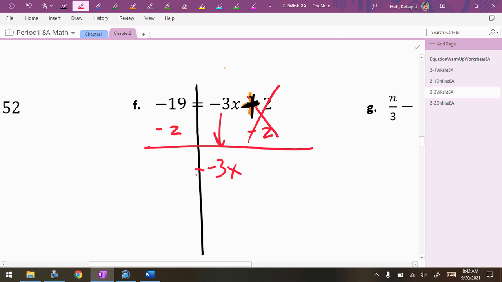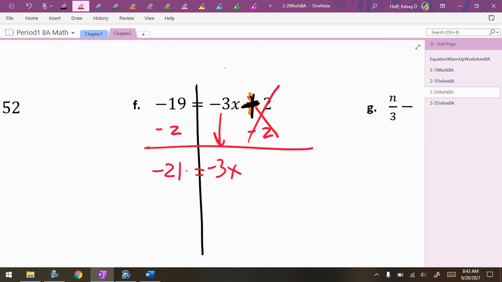Now on your calculator, everybody, negative 19 minus 2, negative 21. Negative 19 minus 2 is negative 21. Addison, what am I going to do next? Very good.